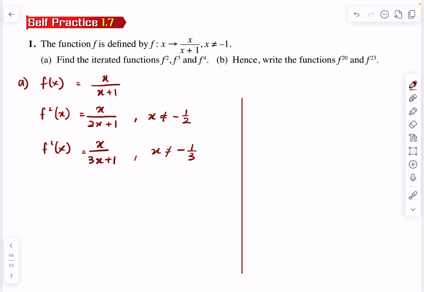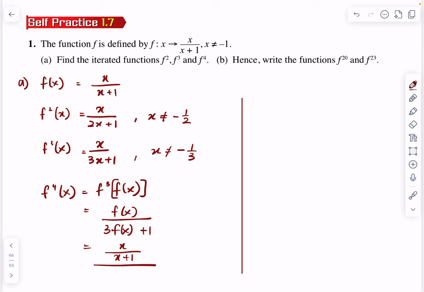Now we must find f4(x). So f4(x) will be the same as f cube of f(x). If f cube x is x over 3x plus 1, f cube of f(x) would be f(x) over 3f(x) plus 1. So again, we sub the f(x): x over x plus 1, over 3x over x plus 1, plus 1.